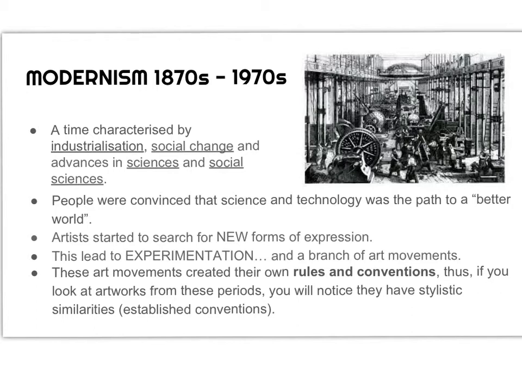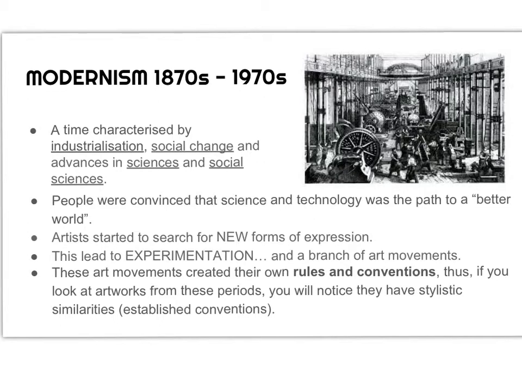And therefore, with all of this innovation, you saw artists who were also seeking new forms of expression, new ways of doing things, moving away from the rules and regulations that had been previously established, again connecting to our Art Space study of last term.